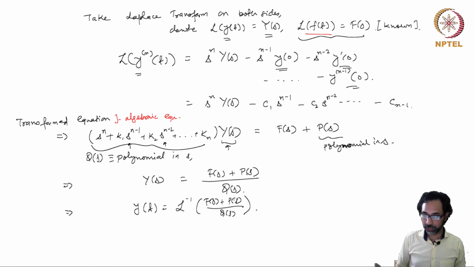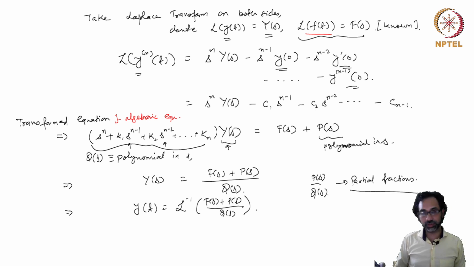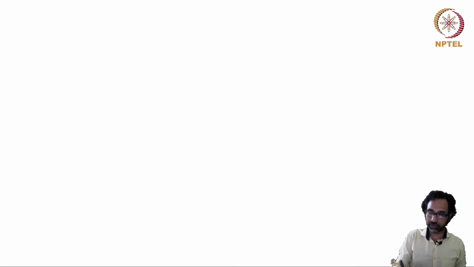We will see that in many cases we can solve it quite explicitly, and since one of our terms is P(s) over Q(s), the method of partial fractions will come in quite handy. Partial fractions is a very important tool to solve such equations. So let's look at an example to illustrate this method.